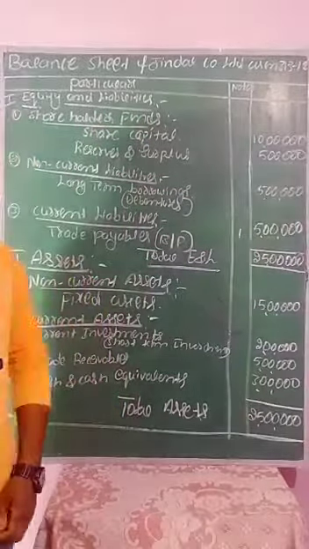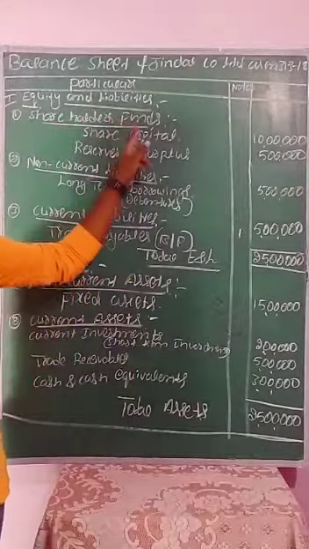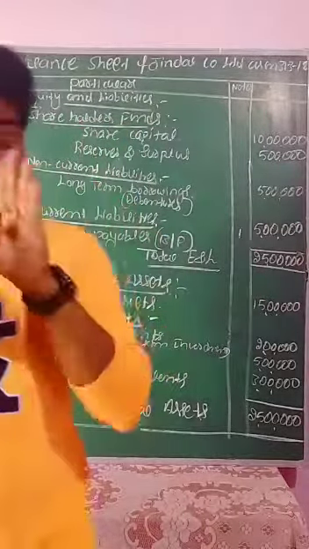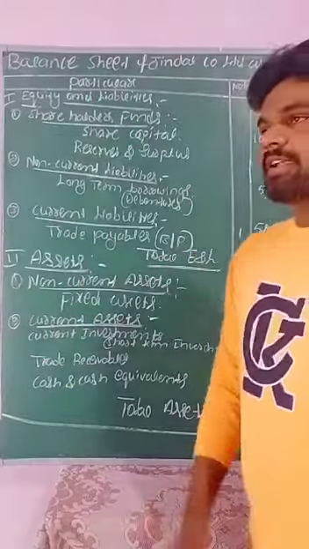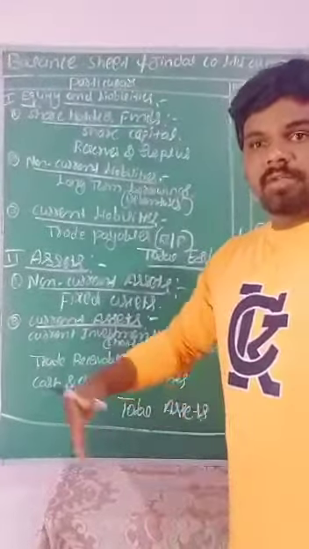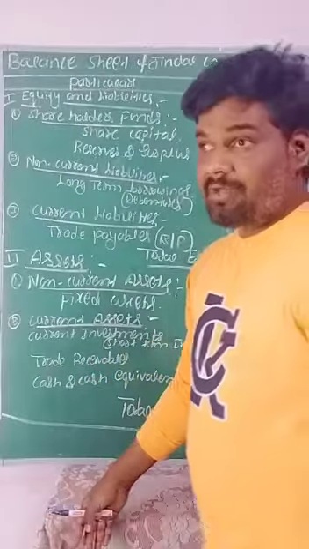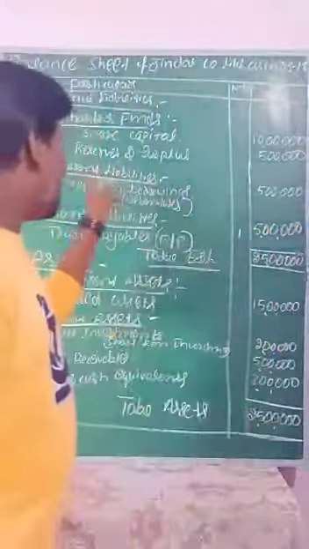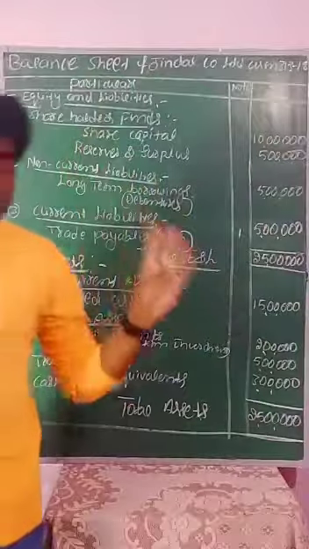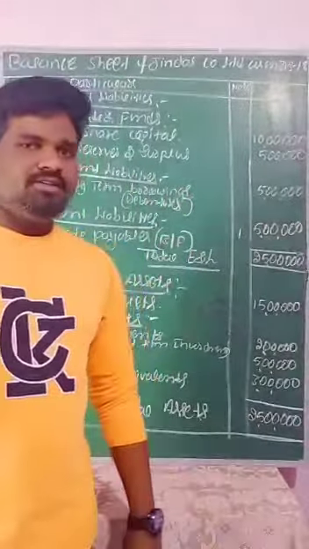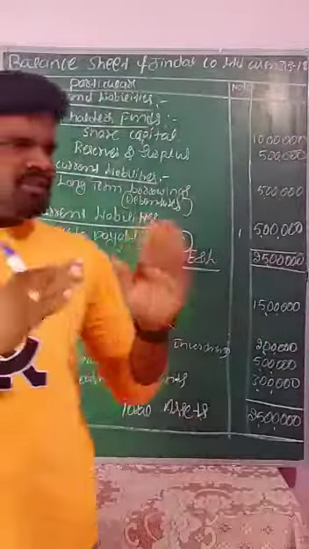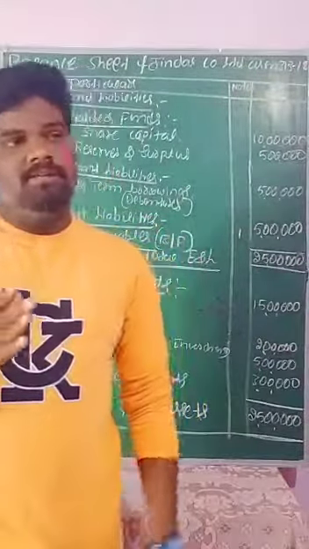The second headline, after shareholder funds, is non-current liabilities. Non-current liabilities means those liabilities that are due after more than 12 months. Such liabilities we can record under non-current liabilities, like debentures or borrowed capital, long-term loans and borrowings, right? As per the given information, they gave 10% debentures.